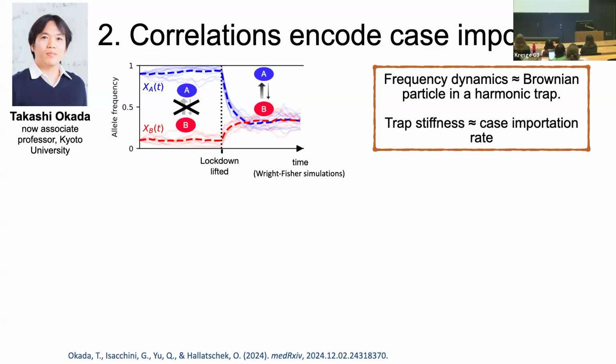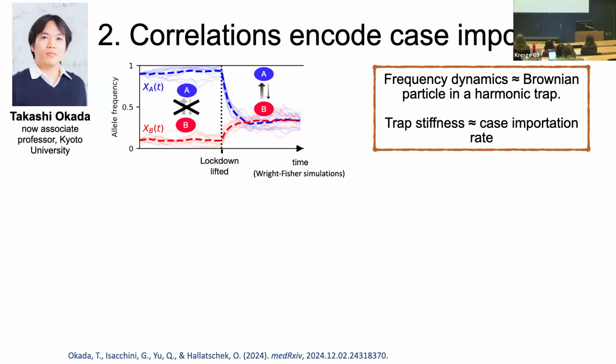If you think about modeling this, these frequency variables are very similar, for those who care, to Brownian particles in a harmonic trap. The Brownian particles are diffusing, these are the fluctuations you see in the background, you turn on the harmonic trap, and then it gets attracted to the center of this trap, and the trap stiffness is something about case importation rates.